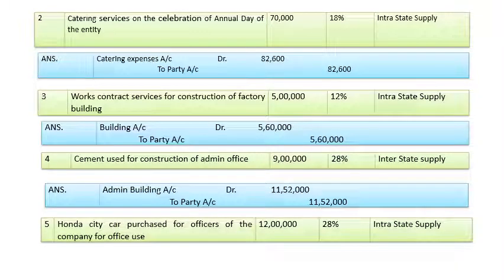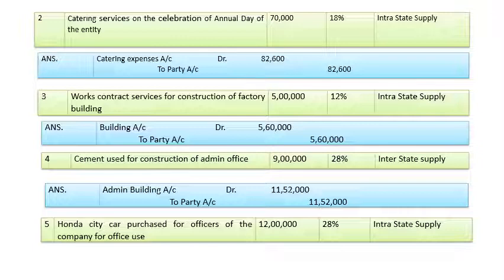Next transaction, Honda City car purchased for officers of the company for office use, 12 lakh. Rate of GST is 28% and it is an intrastate supply. Here it is an intrastate supply, so CGST and SGST will apply. But before applying it, we have to find out whether it is blocked or not. Here Honda City car is purchased for officers of the company for office use.